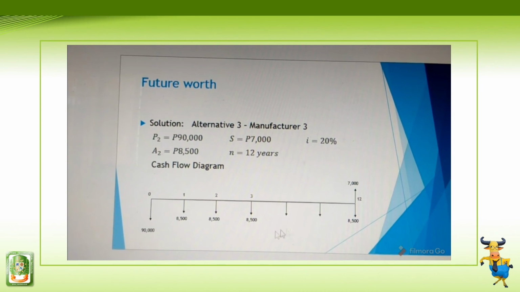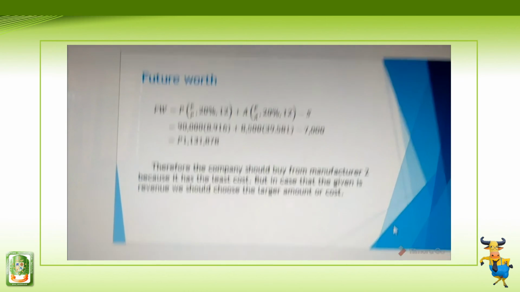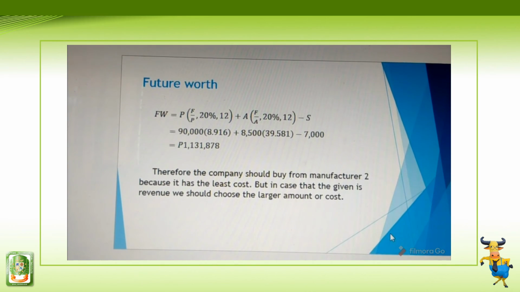Now we have here the solution for alternative 3 or manufacturer 3. It has an initial cost of 90,000, an annual cost of 8,500, salvage value of 7,000, n equals 12 years, and i equals 20%.